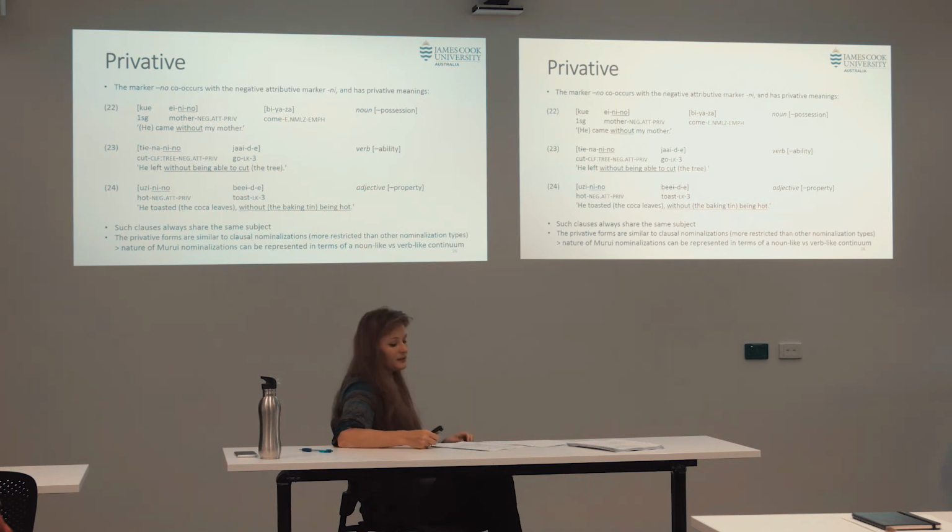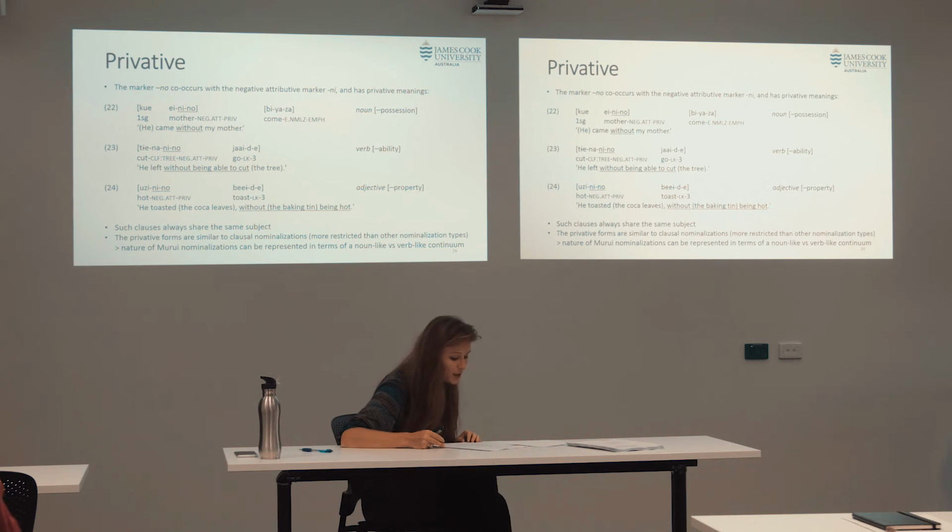And the privative nominalizations, those types of nominalizations, are more restricted than other types of nominalizations in Murui. They retain their inherent properties of their heads. So for instance, when we have the privative nominalizations with verbal heads, they cannot take nominal plural markers.